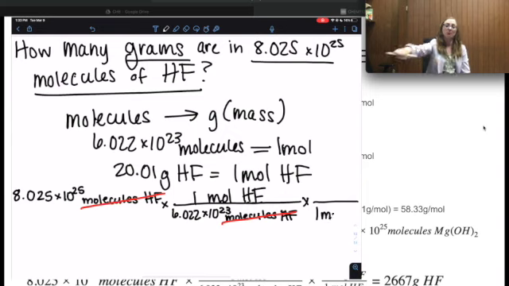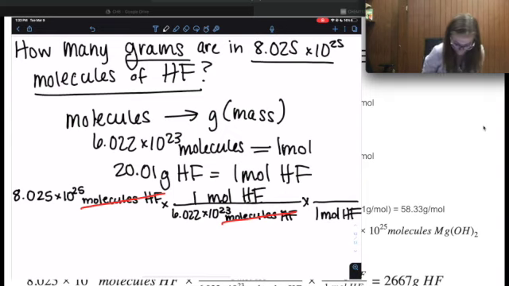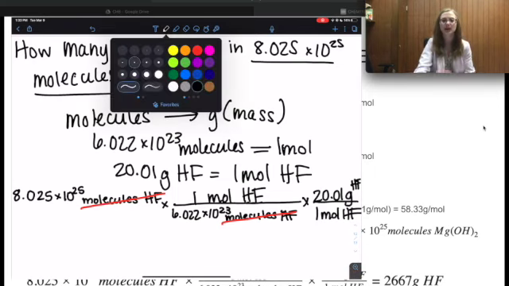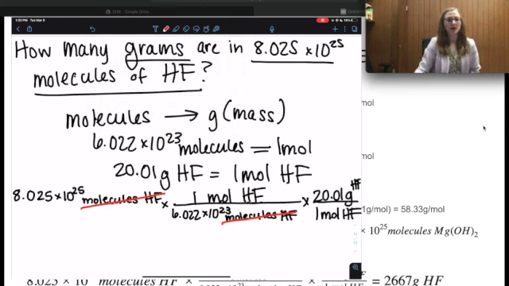So I'm going to put the mole from that relationship down on the bottom so I know that they're canceled out. So I have 1 mole of HF on the bottom, and for every 1 mole of HF, I have 20.01 grams of HF. Okay, so for every 1 mole, I have 20.01 grams. And again, you can see how I calculated that formula mass in the slides if need be.